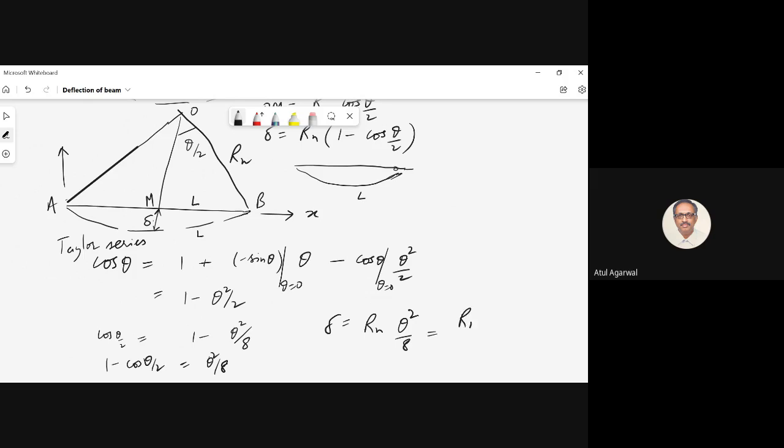R neutral, and what is my theta? I found m naught L by EI, and 8 is here. And what is my R neutral? 1 by R neutral was m naught by EI.